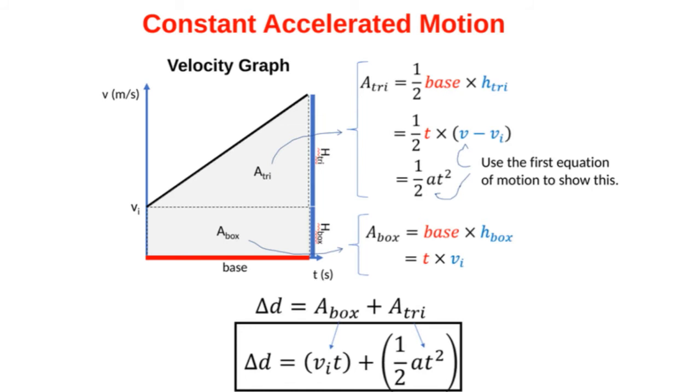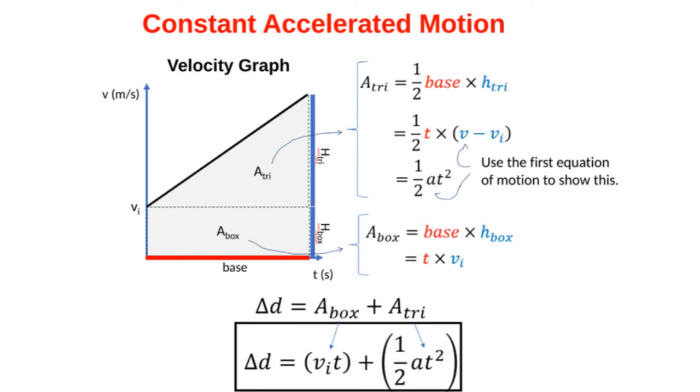And now, just like we did for uniform motion, we can look at the graph of velocity as a function of time for constant accelerated motion and use it to write another equation for the displacement as a function of time. In this case, it's a little different, right? Because it's not a flat line. We have a sloped line. So the area under the curve is actually the combination of a triangle's area and a rectangle's area.